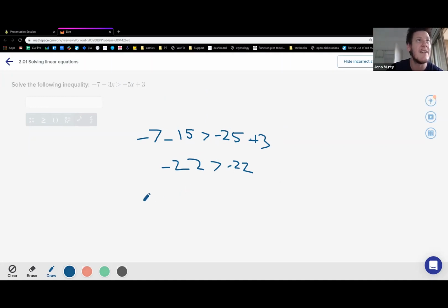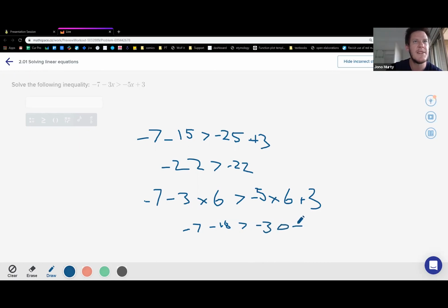Let's test 6. -7 -3 times 6 is greater than -5 times 6 plus 3. -7 -3 times 6 is -7 minus 18 is greater than -30 plus 3.